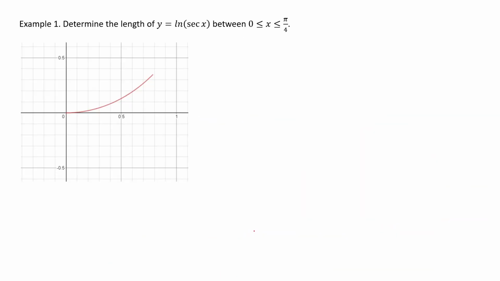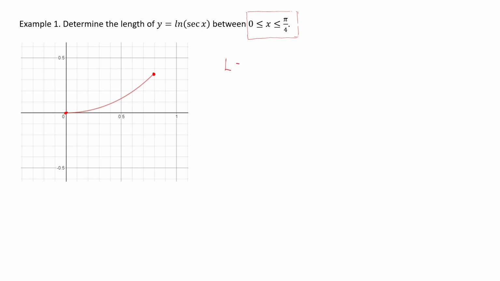All right. So let's try to solve the arc length first. Determine the length of y equals ln of secant x between 0 to pi over 4. Notice that in the given example, you are given the limits of x, meaning you're going to use the format of the formula with respect to x.